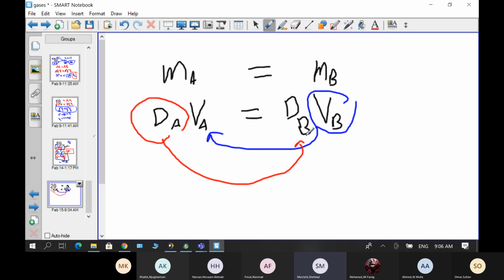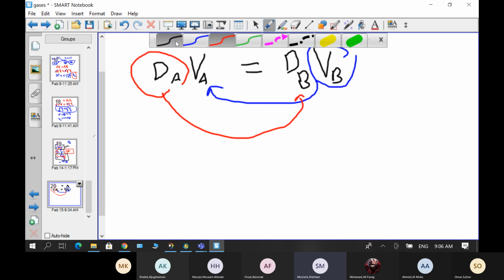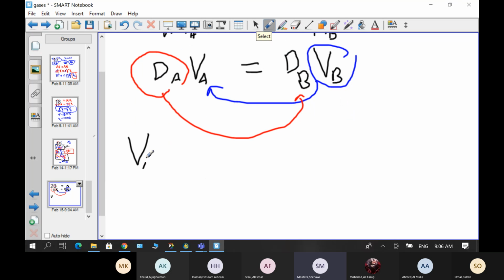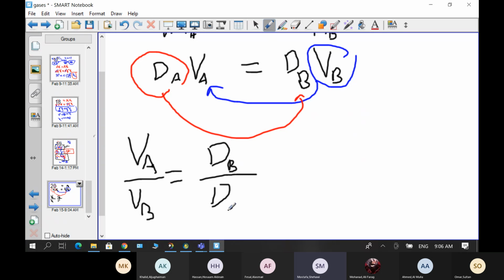So what we get in the end is volume A over volume B equal density of B divided by density of A.